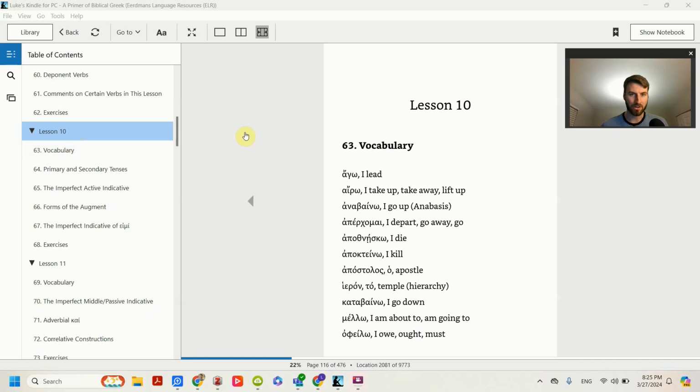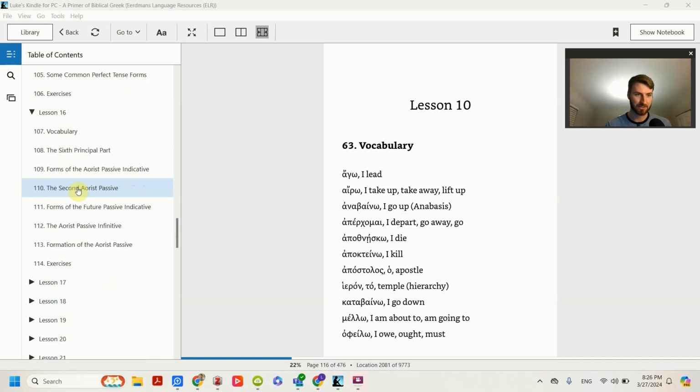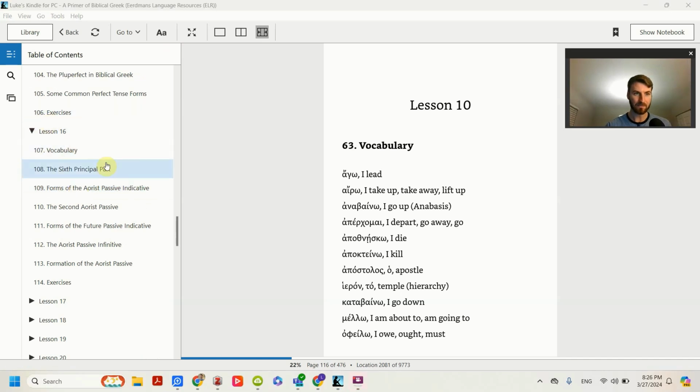Okay, we are on to lesson 10, but before we go into lesson 10, I want to give an overview of some of the content that we're going to meet in lesson 10 through lesson 16. These go over all of the different tenses in Greek.